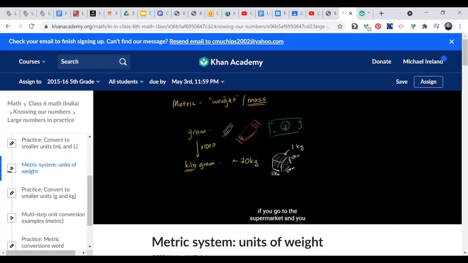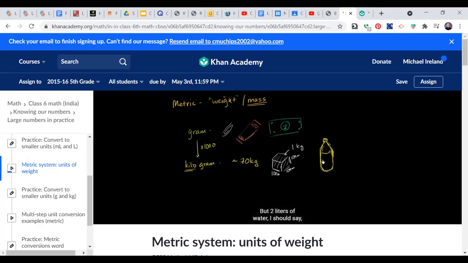Another way of thinking about it, if you go to the supermarket and buy a 2 liter of soda, and sometimes you can buy 2 liters of other things as well, water, whatever. Soda has other things in it, so you can't be as precise with the weight.